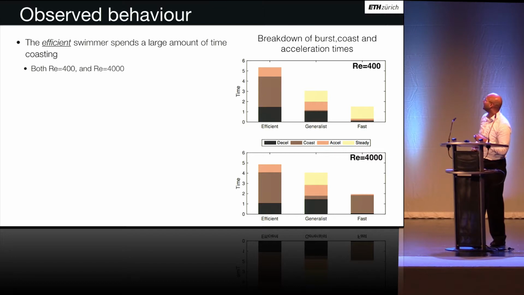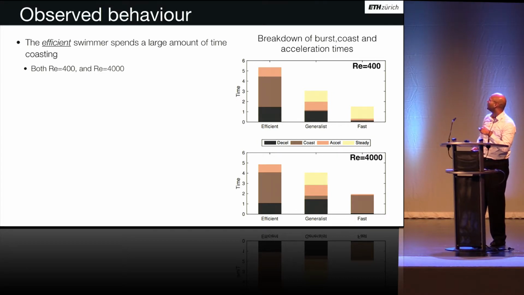If you remember, we had 4 parameters to play with: delta T, deceleration, coast. So this is just a breakdown of how these parameters look for each of the swimmers. For a larva and an adult, the distribution is almost identical. You spend a lot of time coasting and almost no time steady.